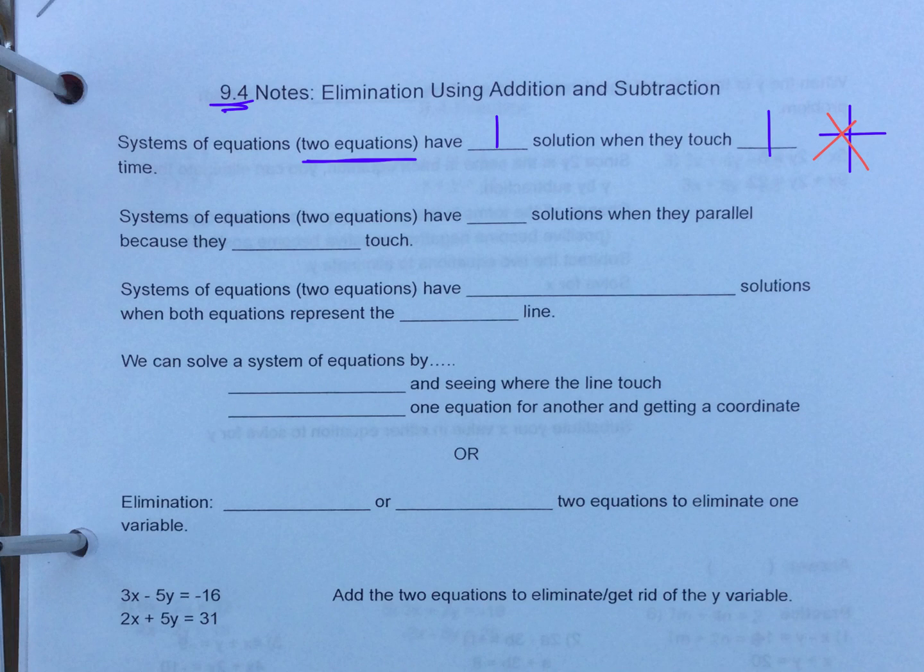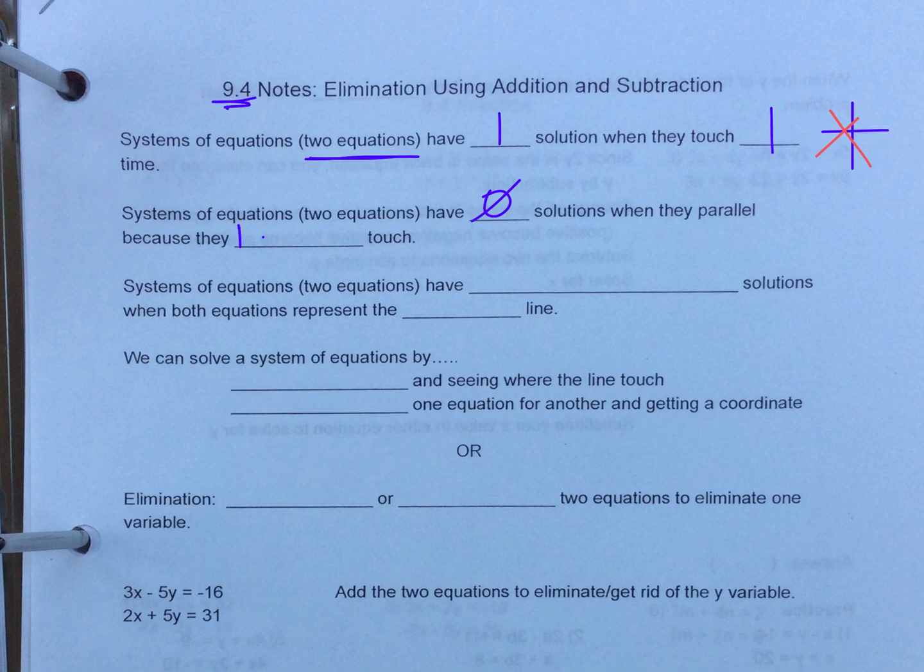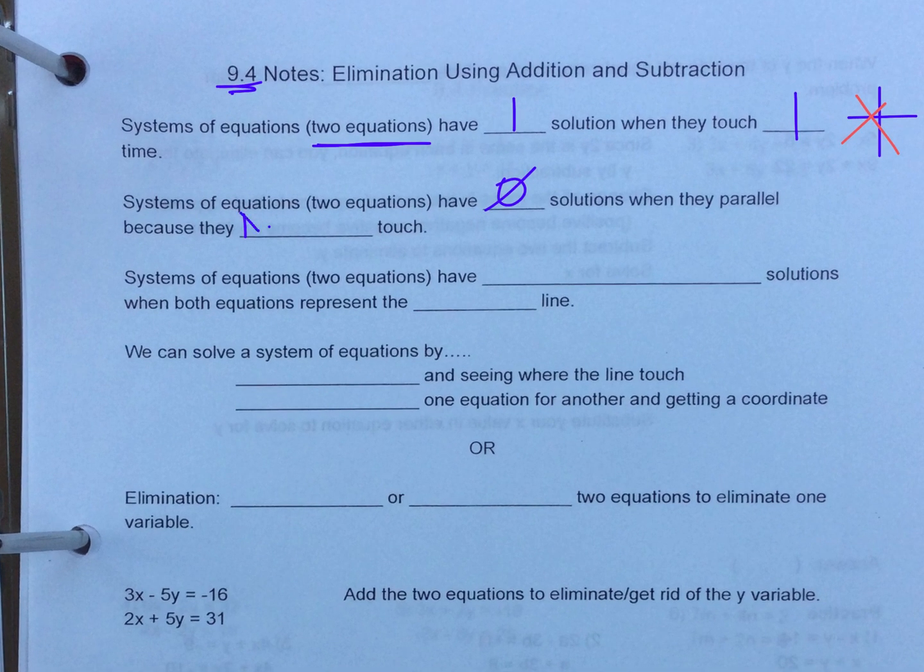Systems of equations have no solution when they are parallel because they never touch. They have infinitely many solutions when both equations represent the same line. And we've done that over and over, so that should be in your head.